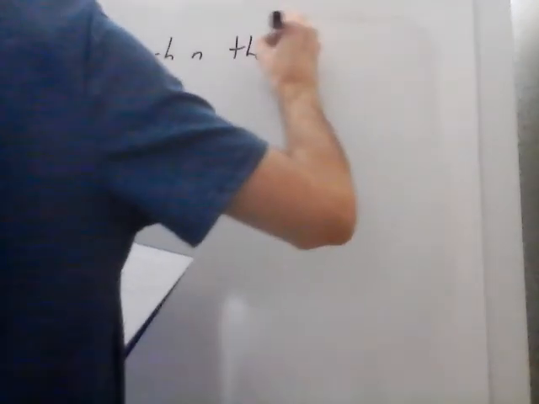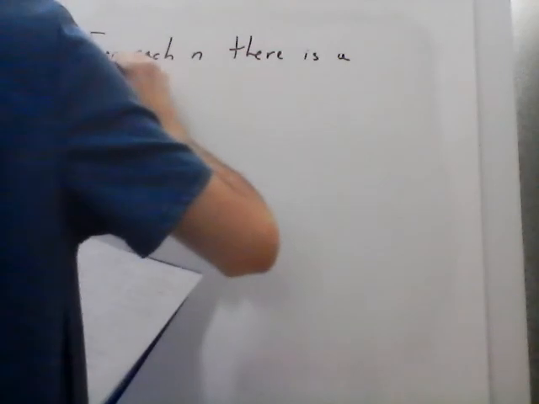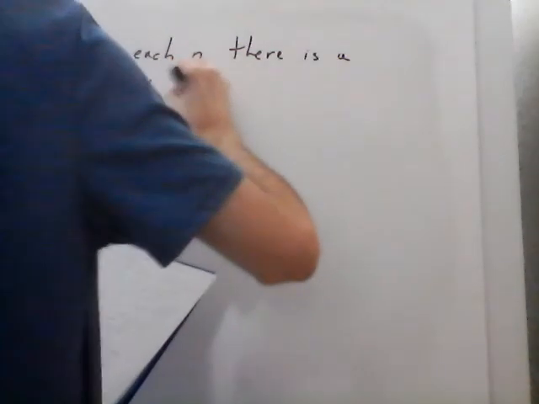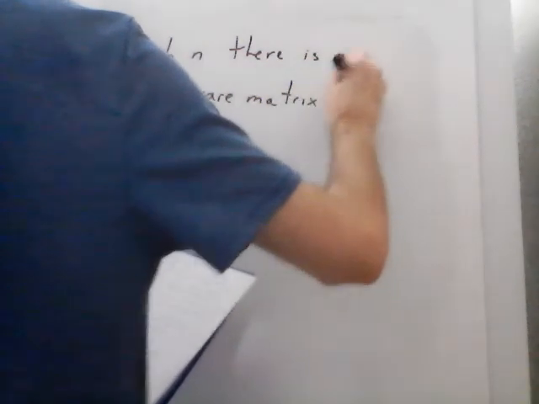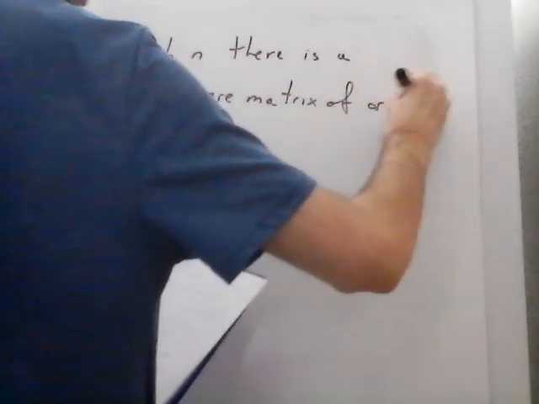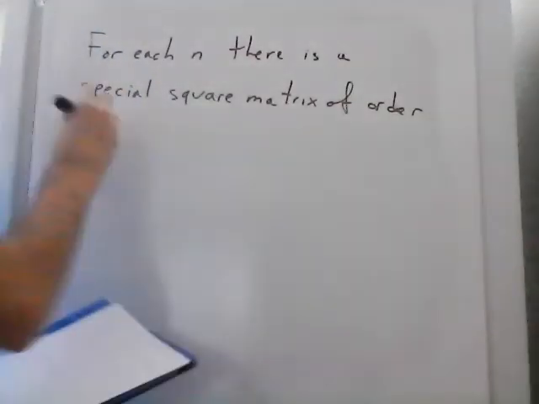So there's a special square matrix of order n for each n.